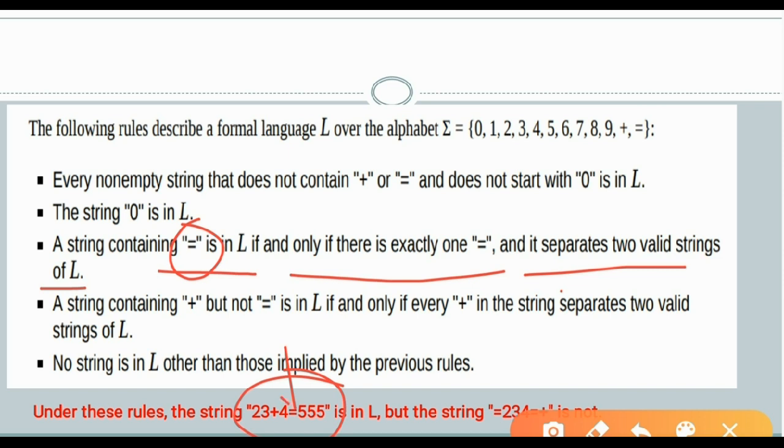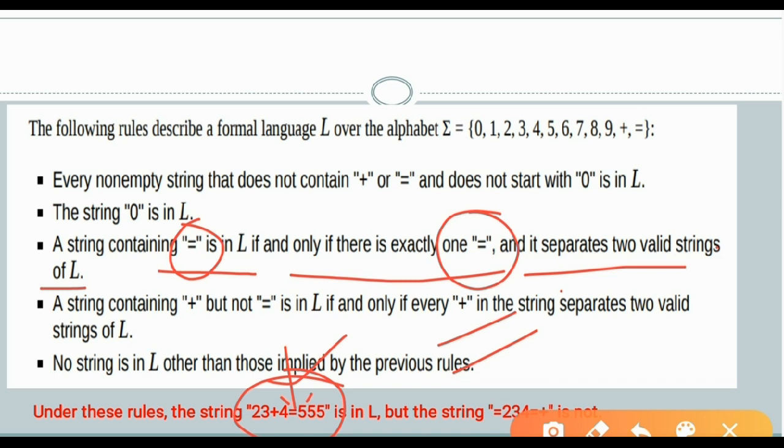A string containing equals is in L when there exists exactly one equals; you cannot have 2 equals. So the first condition is true, and it separates 2 valid strings of L.